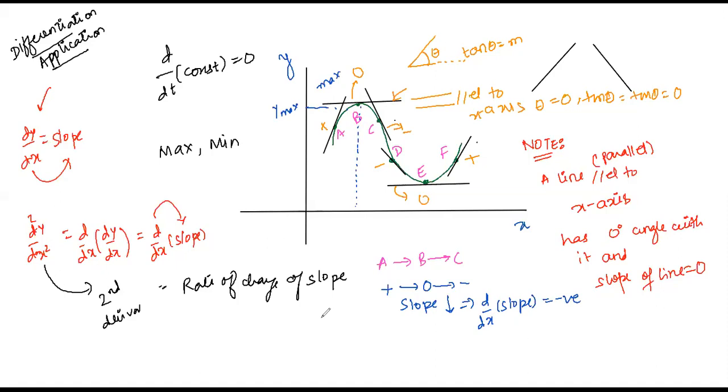So what can we conclude from this? That at maxima, the slope becomes 0, the d2y by dx square is negative, and the slope, that is dy by dx, is 0. Right, Monica? Correct? Yes, sir.